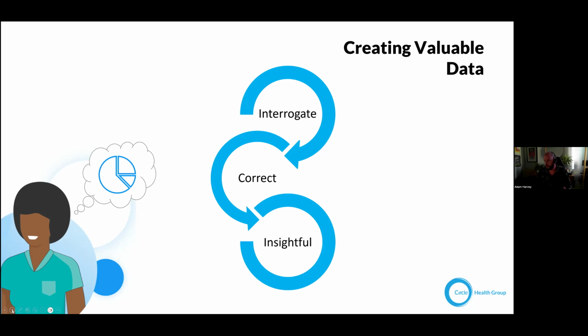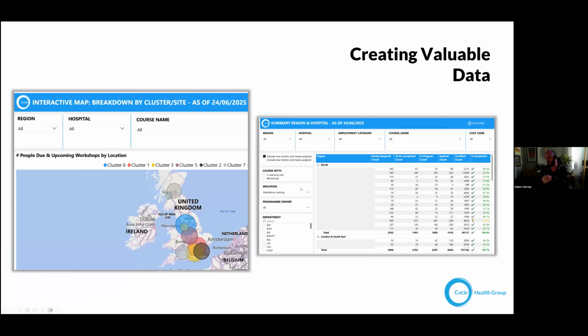So the first thing that we've done is put all of that compliance data into a Power BI. Obviously this would normally have a list of hospital names, but we've blanked that out for GDPR reasons. But here at a top level, the CEO of the business could go in and see a breakdown of company-wide compliance, region compliance, hospital compliance, and within two or three more clicks could be down at a departmental or individual level.